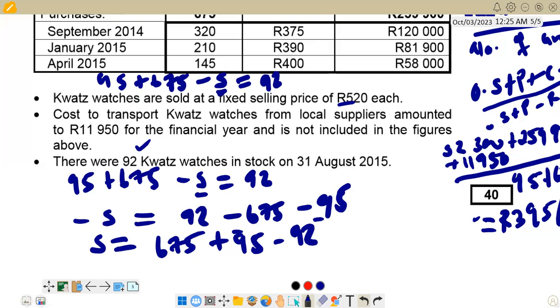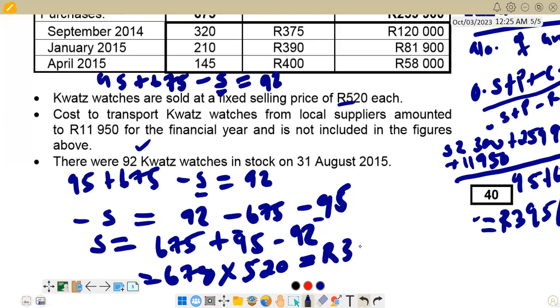If you calculate it correctly there, you get 678. And 678 are the units that were sold, and we have a unit selling price of 520. Then we multiply by 520 to get the total sales, and now you get 352,560. So this becomes our sales value.